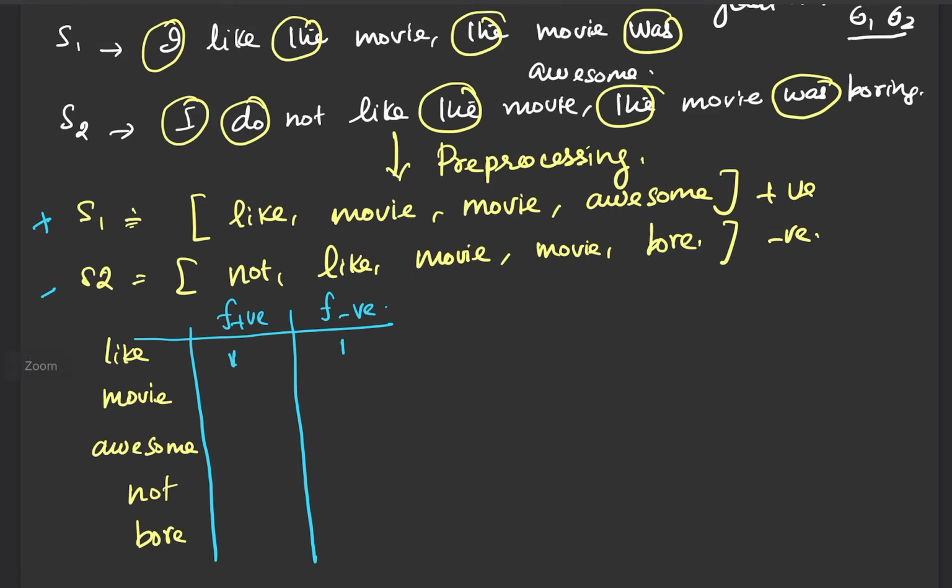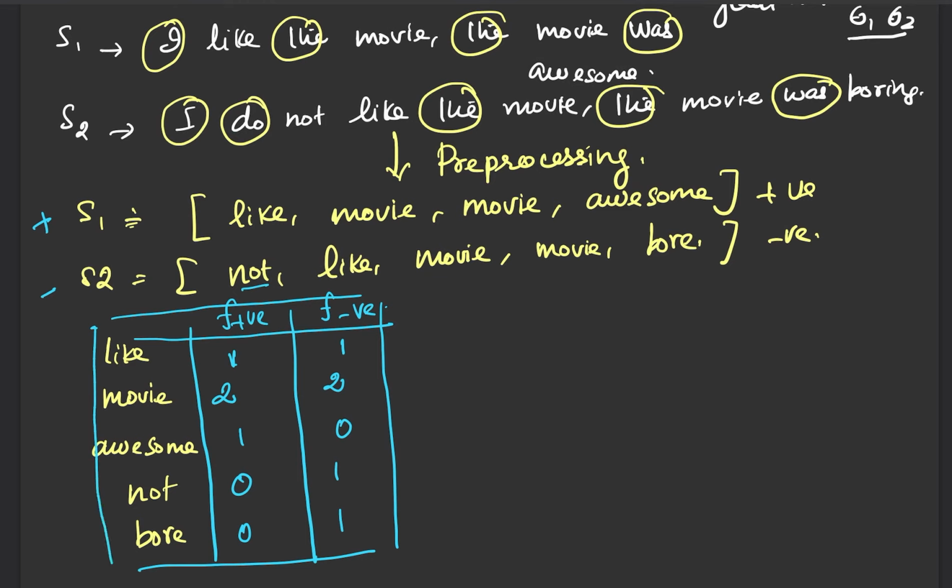Movie appeared two times in positive, two times in negative. Awesome appeared one time, 0 times. Not appeared 0 times in positive and 1 time in negative. Bore, 0 times in positive, 1 time in negative. Now we have the frequency count of each word in the vocabulary.